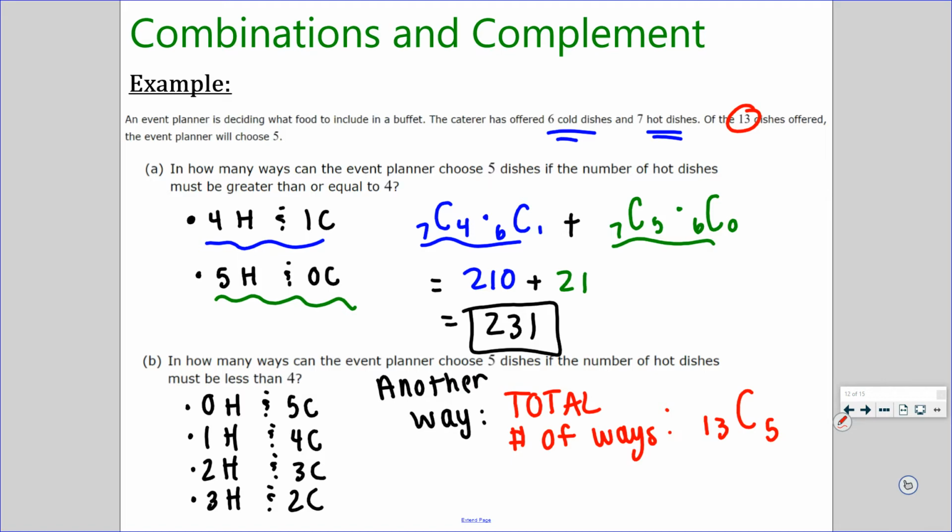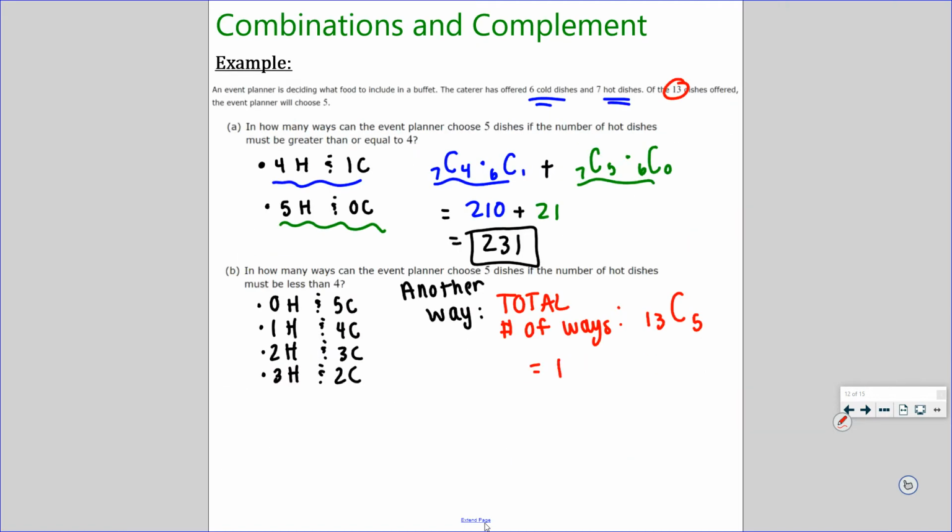So that number is 1,287. And then we just subtract off what we found in part A, which was everything except what part B is asking for, if that makes sense. So then I got that final answer of 1,056.